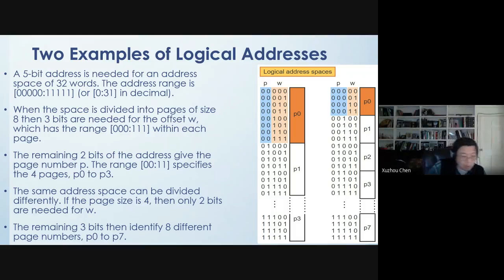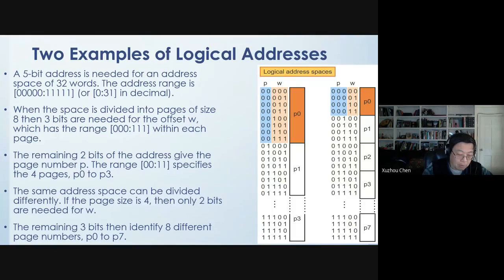Okay, let's get back to the topic of paging. We started the topic of paging last time. We mentioned that in early computer systems, we used to allocate each program into a consecutive memory space, which means that for each program, depending on its size, we need to allocate the corresponding physical memory space of the same size or bigger to accommodate that program.